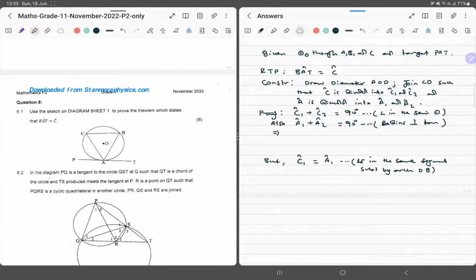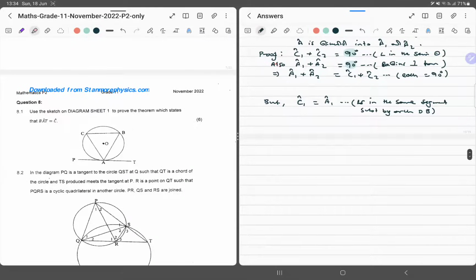So we can say that implied that angle A1 plus angle A2 is equal to angle C1 plus angle C2. Okay, we can say each equals 90 degrees. You don't need that reason. It's a weak reason because we've already stated it nice and clearly.